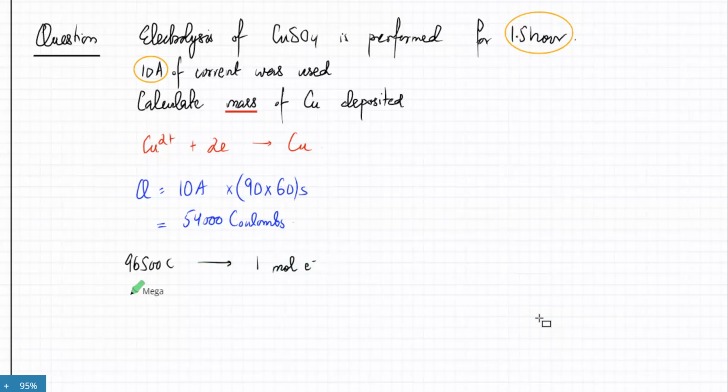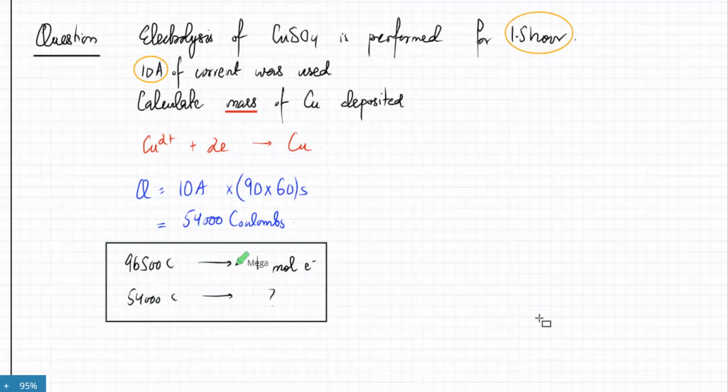So if there are 54,000 coulombs passing through the circuit, how many moles of electrons are actually traveling through the circuit? I can do a crisscross to find the unknown quantity. X would be 54,000 divided by 96,500.